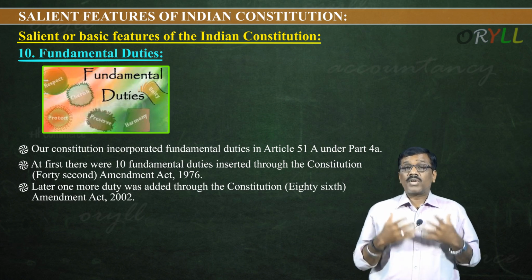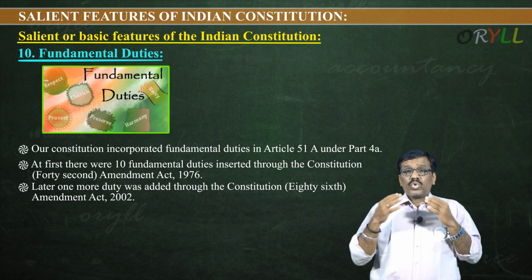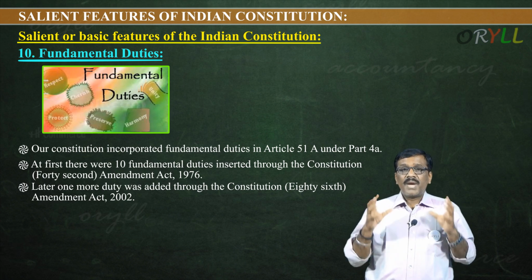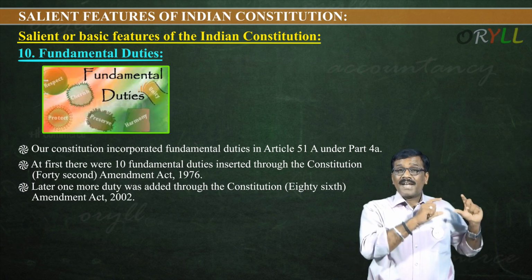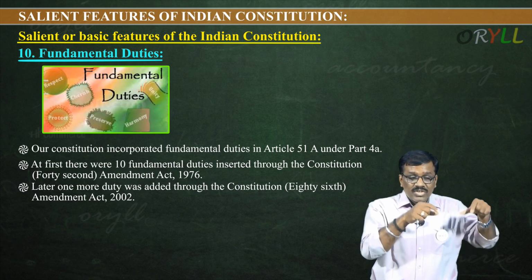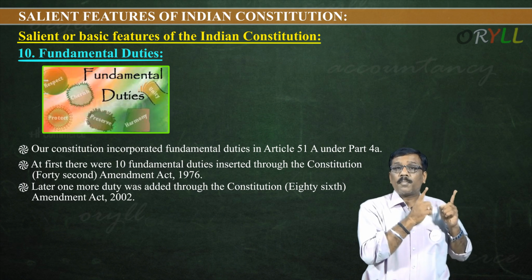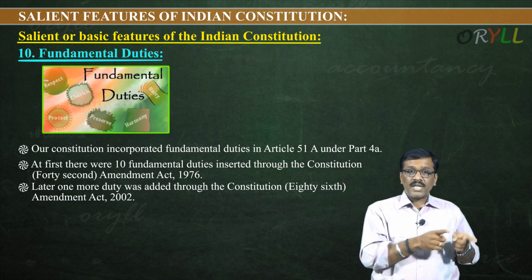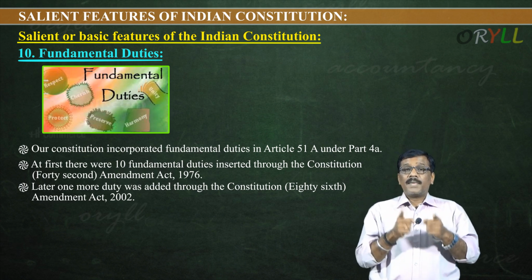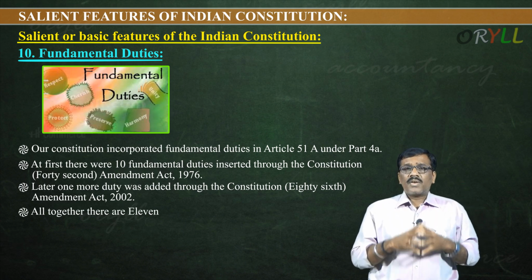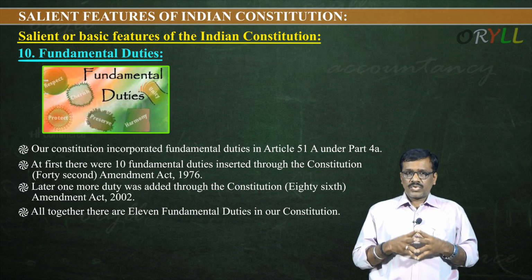You might be thinking, what is that? Through this 86th Amendment Act, the Constitution made it compulsory for parents or guardians to make sure that children between the age of 6 to 14 are given proper education. That is the 11th fundamental duty which was added to the existing list. Altogether, there are 11 fundamental duties in our Constitution.